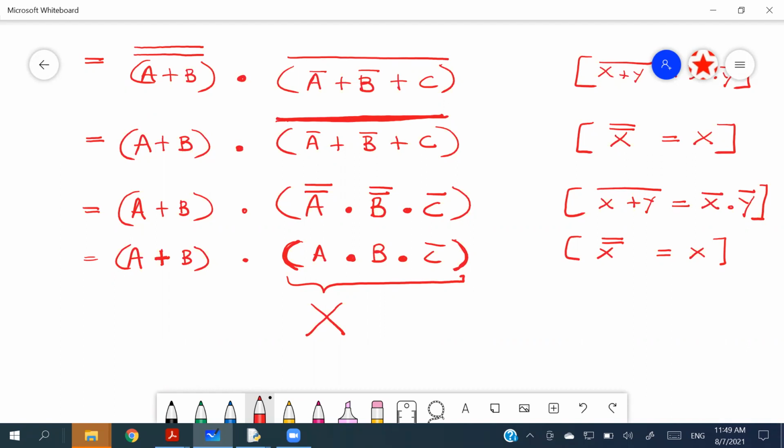Right? Some of the solutions have considered this A, B, and C bar as three separate terms. And you were trying to write things like this: A dot A plus A dot B plus A dot C bar, which is wrong. Right?